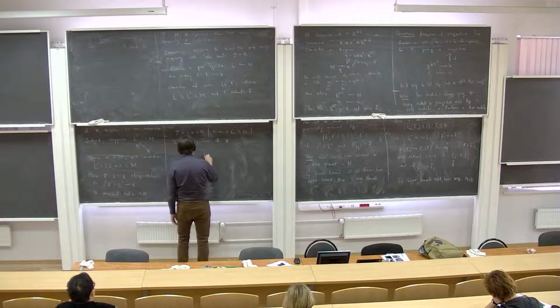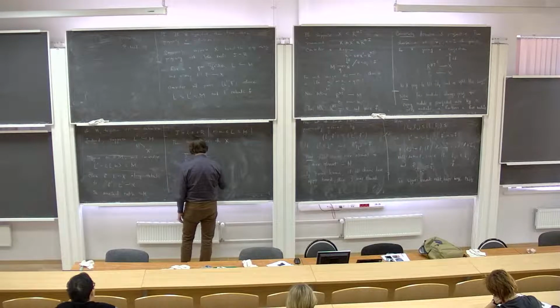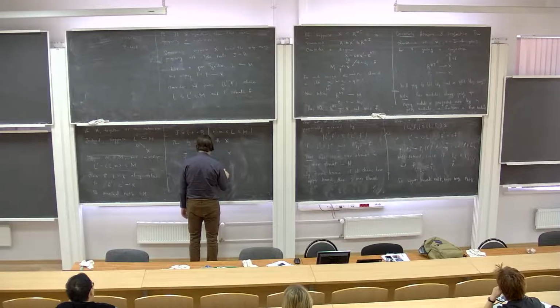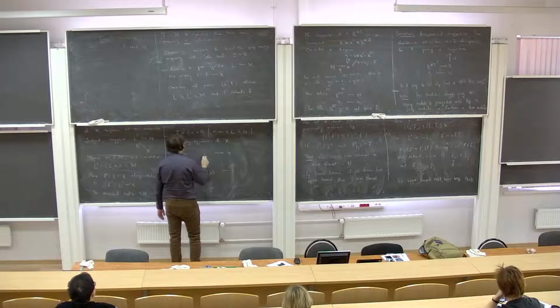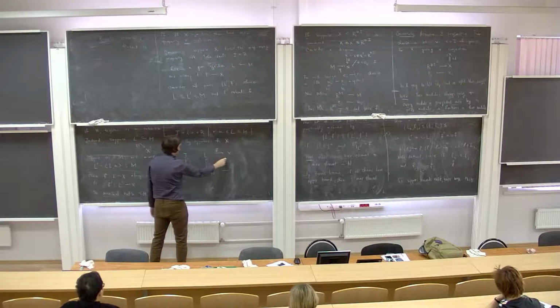I had the given injection, for which I'm trying to study the extension property. I have my X, like this. This was given, and I'm trying to construct this, right?